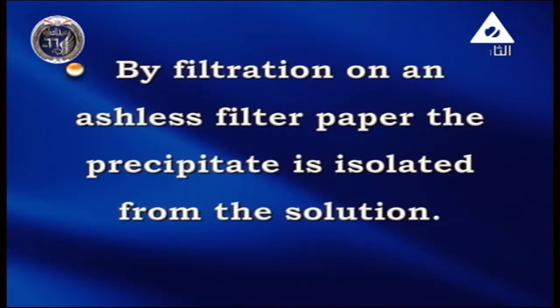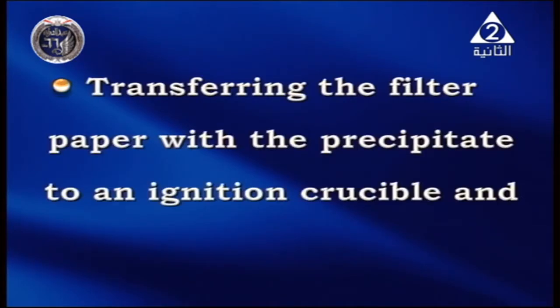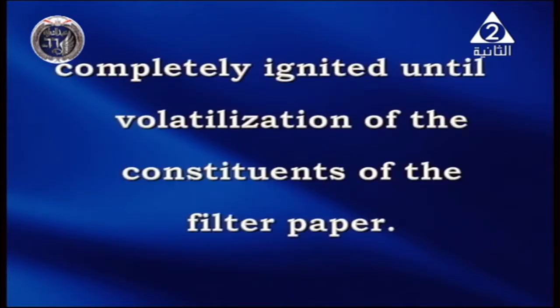By filtration on an ashless filter paper, the precipitate is isolated from the solution. The filter paper with the precipitate is transferred to an ignition crucible and completely ignited until volatilization of the constituents of the filter paper.